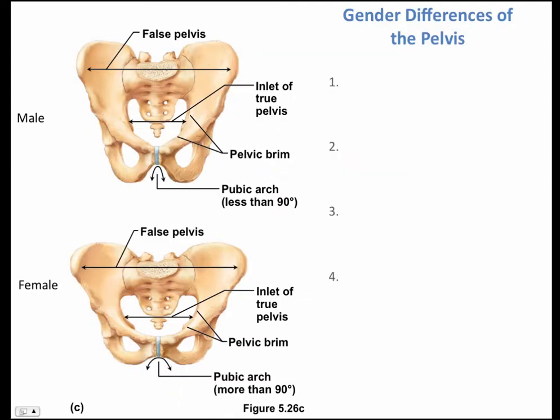Now, there are some differences between males and females in terms of the formation of this pelvis bone. And thinking about childbirth, of course, females need to be able to bear the child, and that being the case, we can see a couple of differences. If we look at the ilia, so here's the ilia, this is going to flare more laterally in the females compared to males.